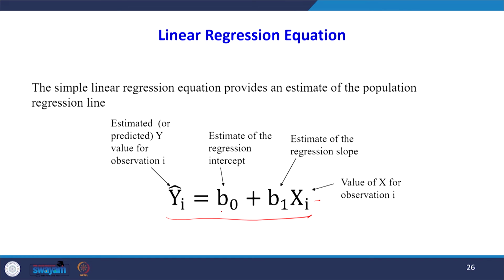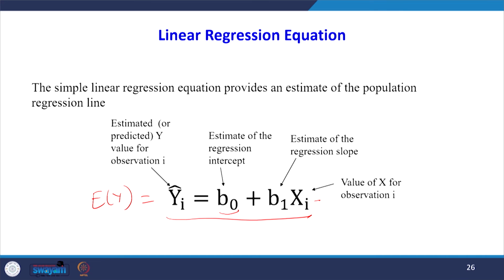The way we have got the values of B0 and B1 takes care that the error is minimized. So, this y hat is nothing but the expected value of y, that is the mean of y value, which is very important. It is the estimated or predicted y value of observation i, not the actual value.